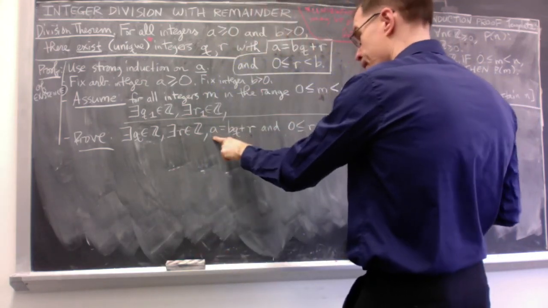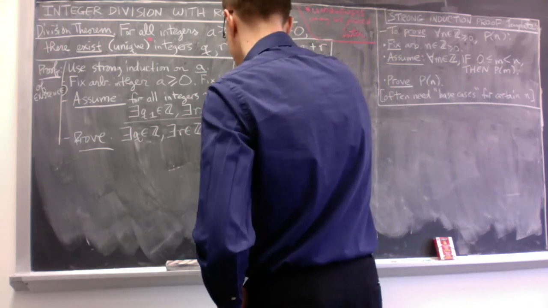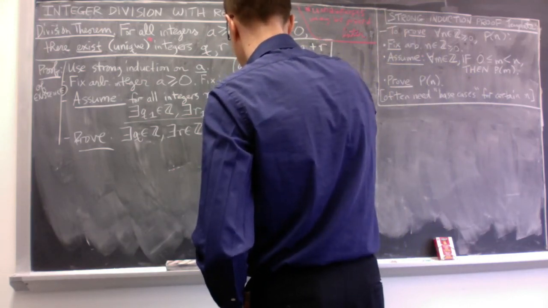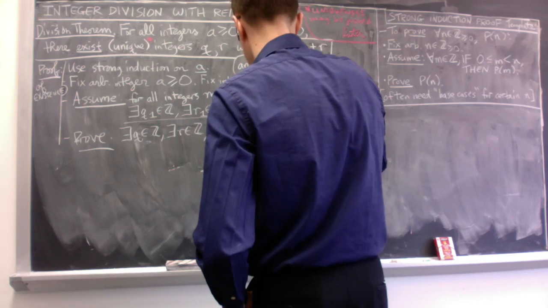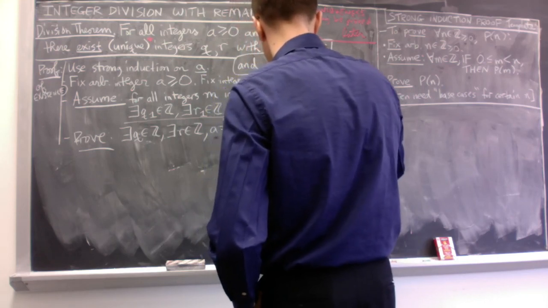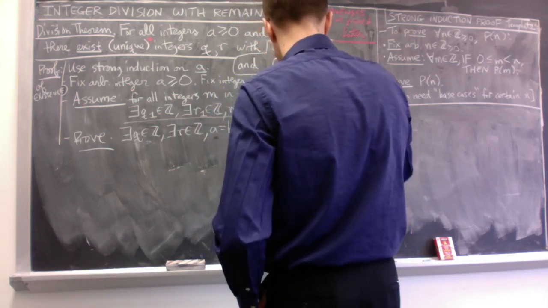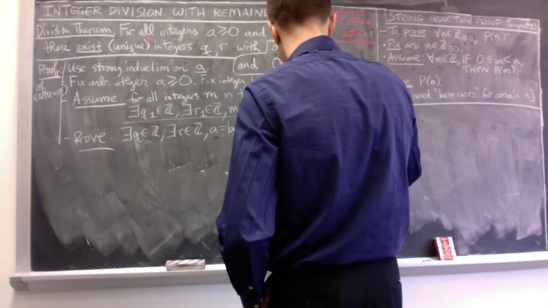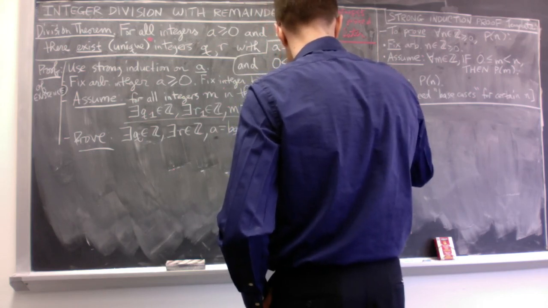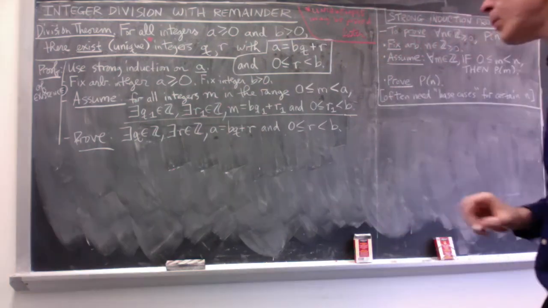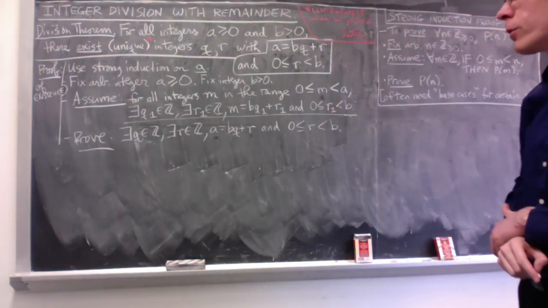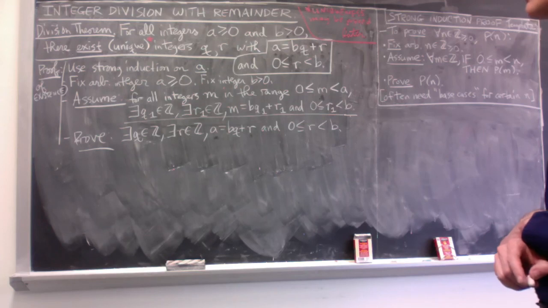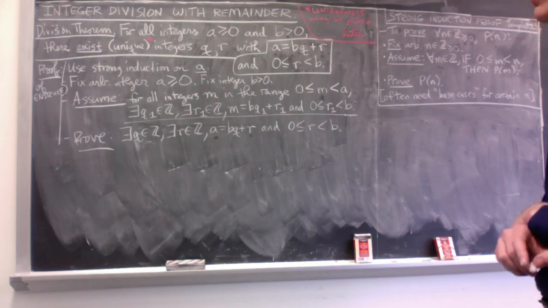And it's M instead of A. So M equals BQ1 plus R1. And 0 is less than or equal to R1 is less than b. So that's the quotient and the remainder that work for m. They depend on m. And we haven't selected an m yet. We've just made this assumption. Later in the proof, we'll pick a good m that helps us for a.